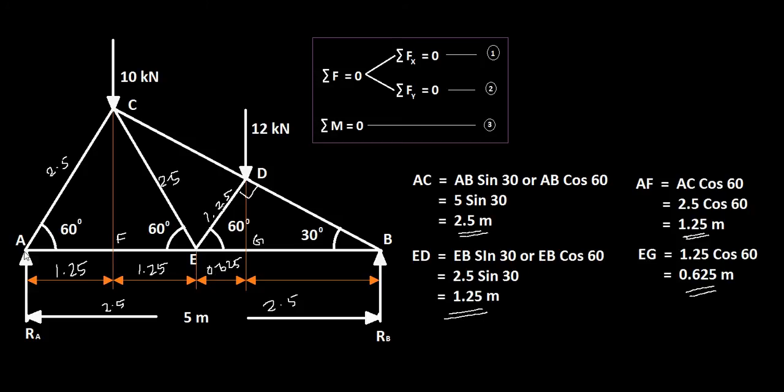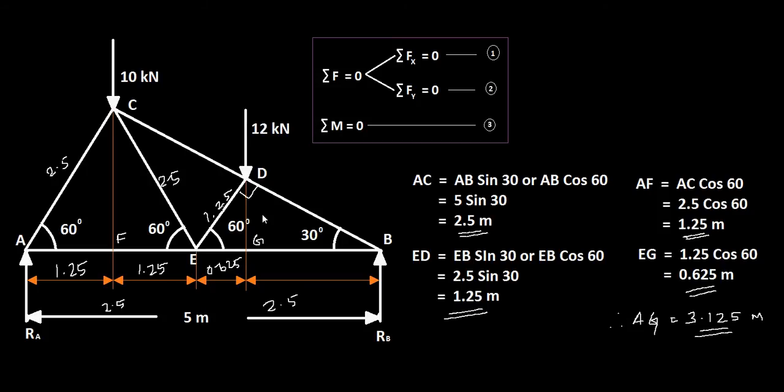And then you have distance AG equal to 1.25 plus 1.25 plus 0.625, that is equal to 3.125. So you have AG equal to 3.125 meters. That is the distance to the line of action of the 12 kilonewton force.